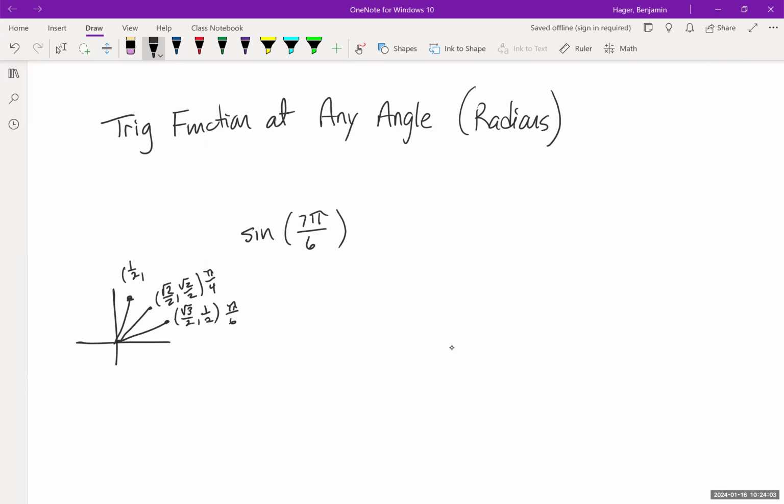And our cosine is half and our sine is root 3 over 2 when our angle is pi over 3. Remember, those come from the special right triangles. In a previous video, we showed how to generate those values, so please take a look if you haven't seen it.